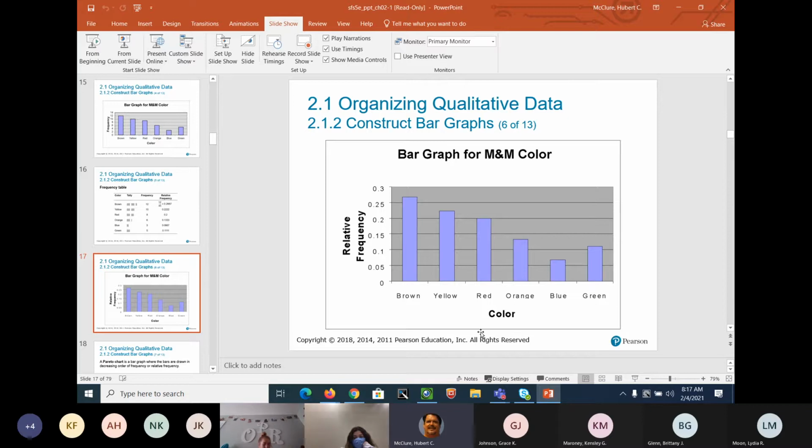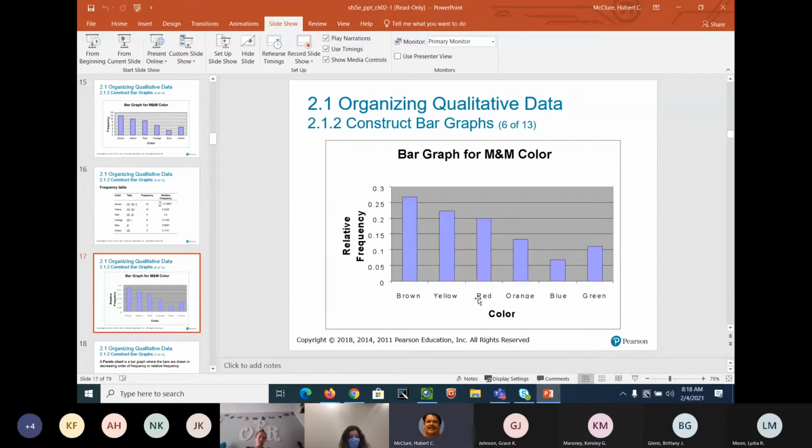Or what percentage of the M&Ms are, I'll go with green. And you'd say probably around 11%, because it's right about there. So that's the kind of questions they would ask you on a standardized test.